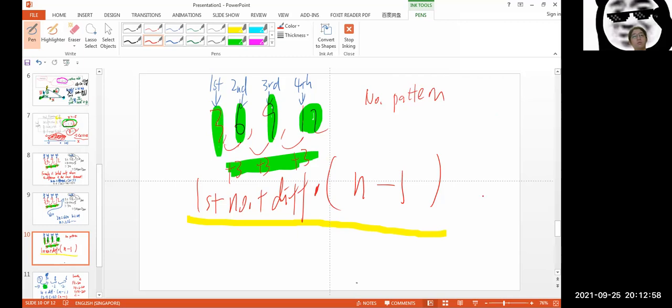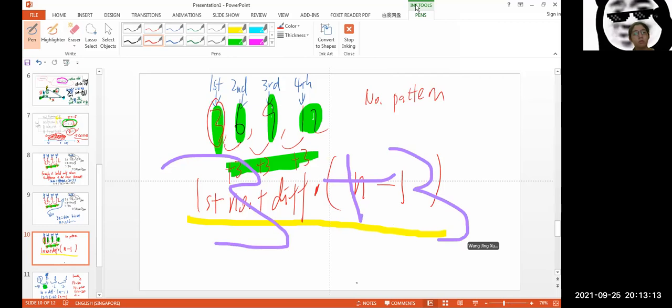Okay, you reappear. So first number, in this case, can I ask you which one is the first number? 3, right? So you just key in all this into the formula.